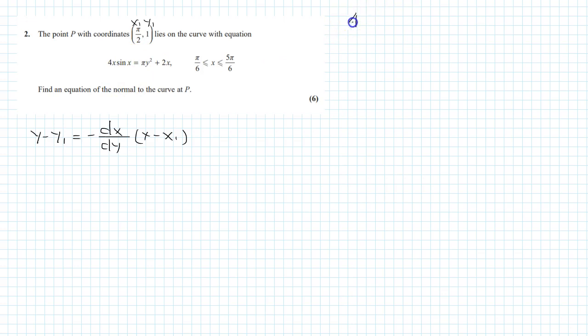So this is 4x sin x is equal to pi y squared plus 2x.